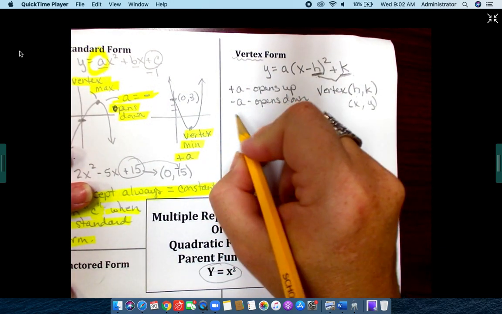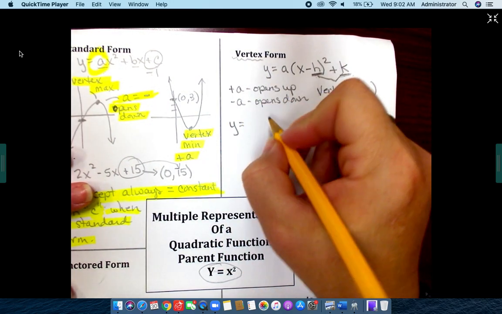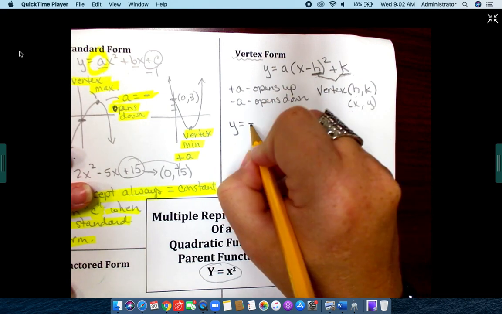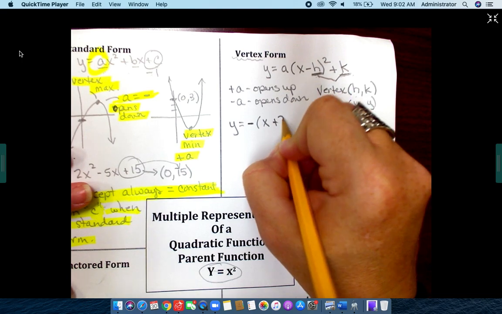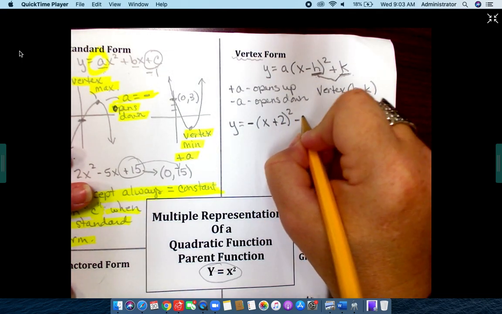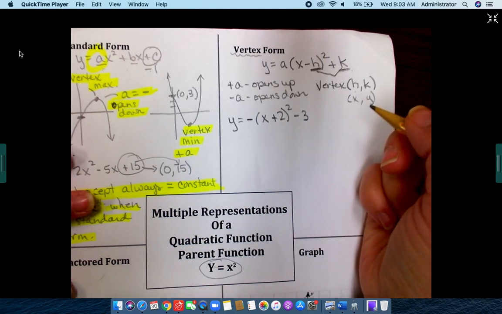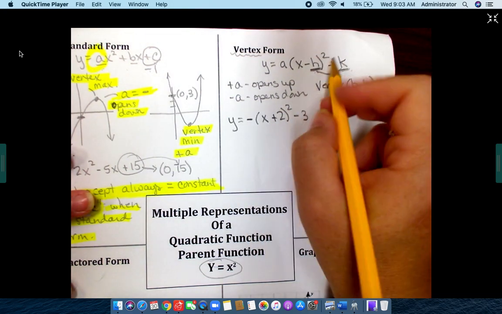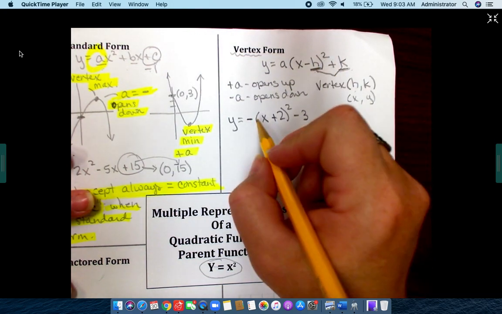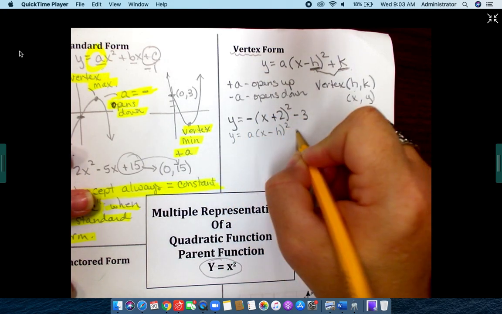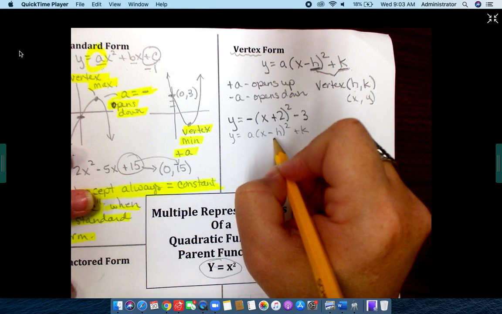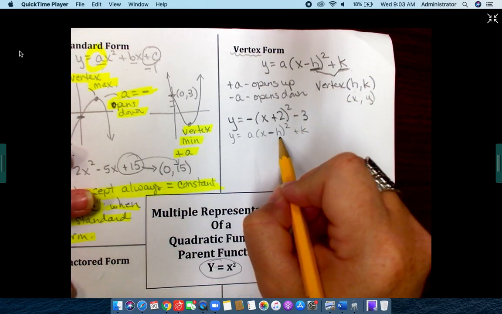So as an example, if I were to give you y equals the opposite of the quantity x plus 2 squared minus 3. Things I'd want you to recognize. If we compare it to this function, I want you to think this was minus h.